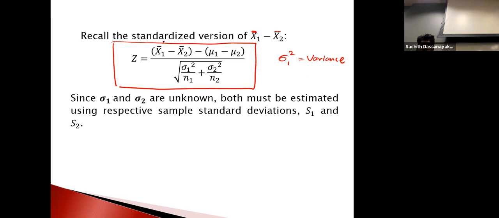Since sigma 1 and sigma 2 are unknown and also they are not equal, we have to estimate them using sample standard deviations, something we did in early chapters, chapter 6, maybe 7. So here we simply replace sigma 1 and sigma 2 using S1 and S2 respectively.